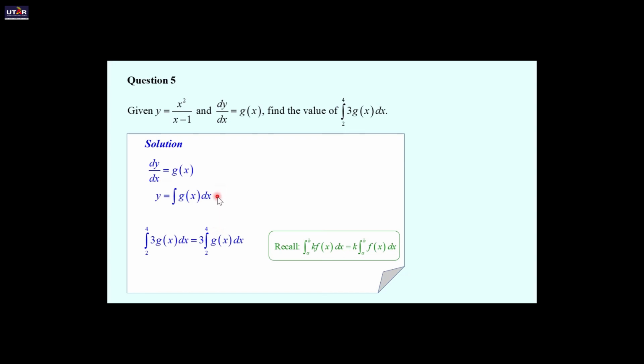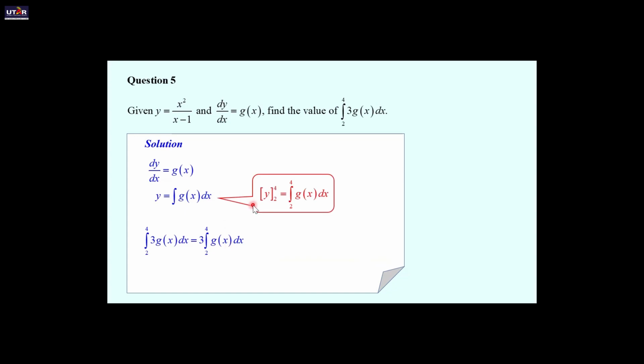Recall back that the integral of g(x) with respect to x will give you the function y. By applying the lower limit equal to 2 and upper limit equal to 4, this will give 3 multiplied by the value of y when we substitute the lower limit and the upper limit, 2 and 4 respectively.